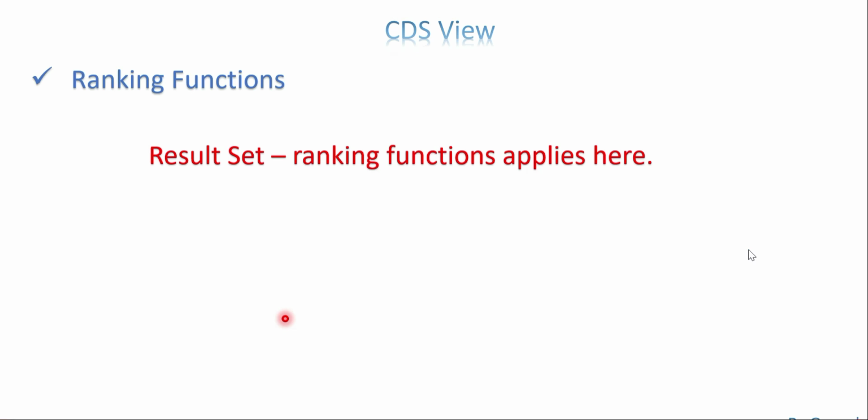The result is nothing but another field. You're going to see what the rank number is for this record, what the row number is for this record. So before applying these functions, you need a result set. The result set is generated based on your SQL, with the fields you are selecting, the where condition and everything. So that is very important. After that, on top of the result set only, your ranking functions are applied.